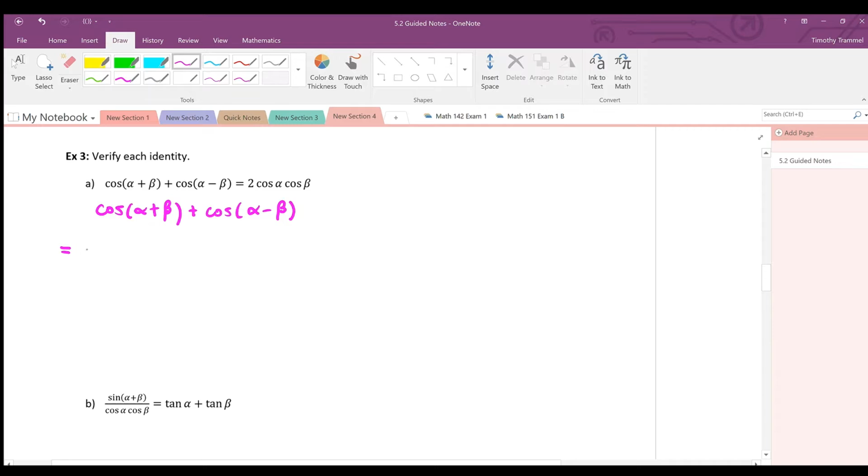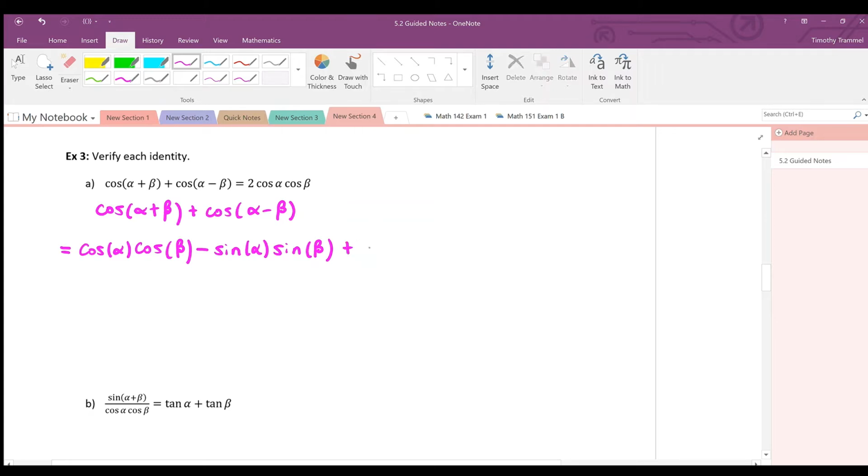And so this looks like cosine of alpha cosine of beta minus sine of alpha sine of beta. And remember these cosine ones, the sign in the middle is opposite of what's in the trig function. Okay. So now that we've applied this identity to the first one, let's apply the other identity to the second one.